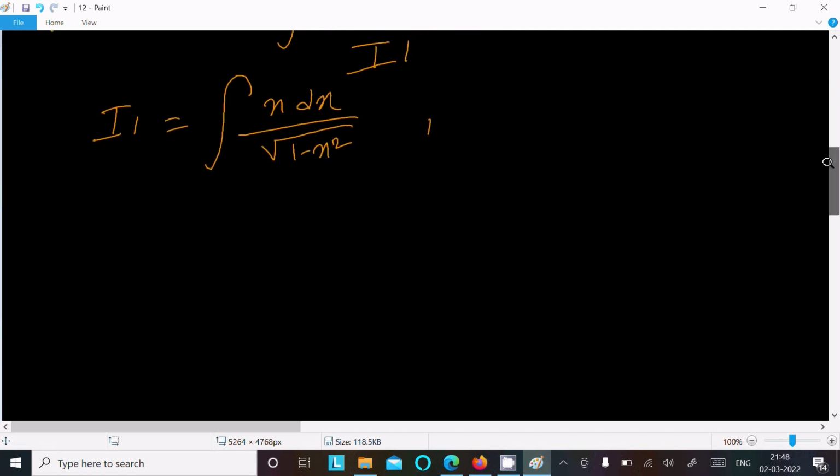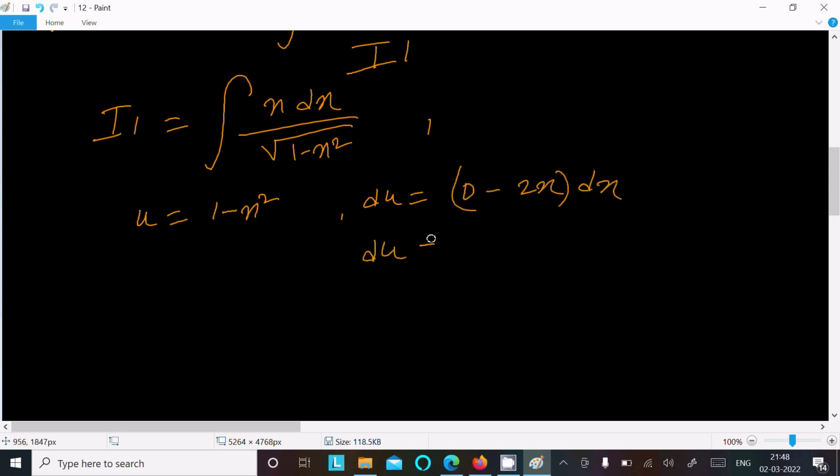So for this one we need to assume, let u equal to 1 minus x square, then du equal to, so 1 differentiation is 0, x square is 2x, and here dx. Then du equal to minus 2x dx, or we can write du equal to minus 2 here x dx. So this we can write now.